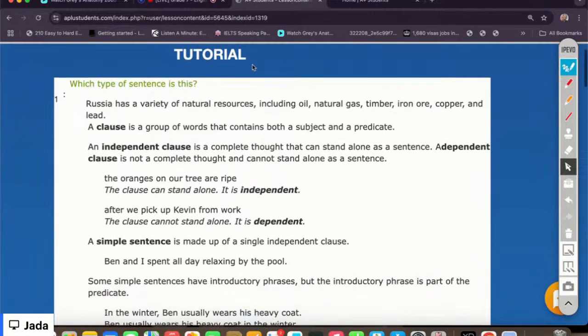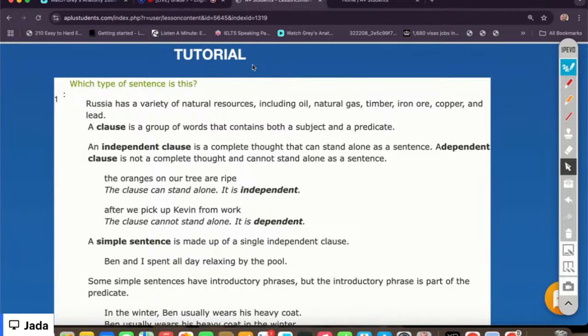So we have also the clause. Of course, we know the clause, so it's the same. It has subject and predicate. And when we say subject and predicate, we just simply mean that it has a subject and a verb. Okay.